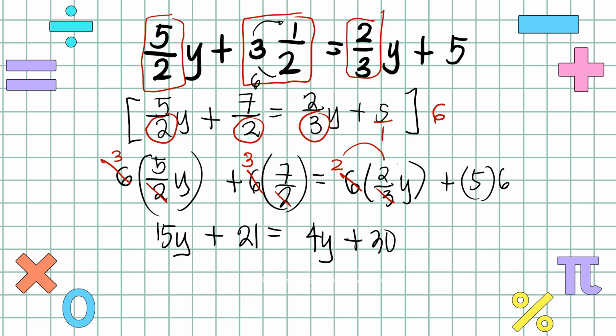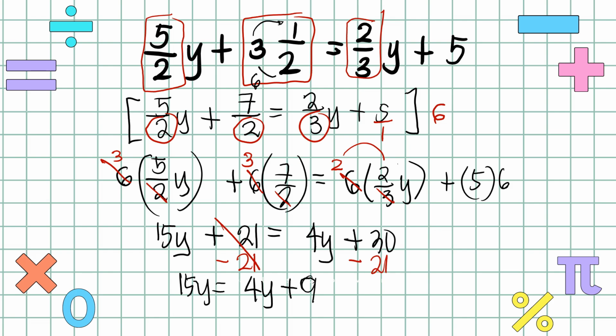Okay, now doing the process, let's remove the 21. So add a negative 21, so we can cancel this, and we'll have 15y is equal to 4y, and positive 30 minus 21, that's positive 9.